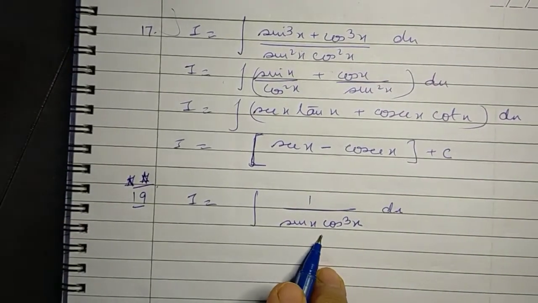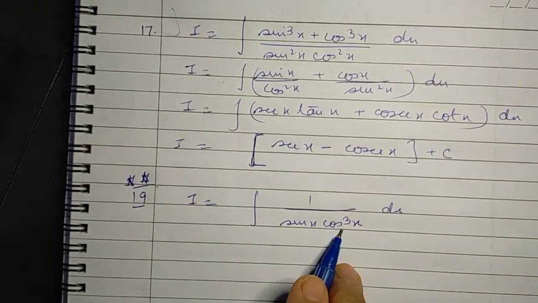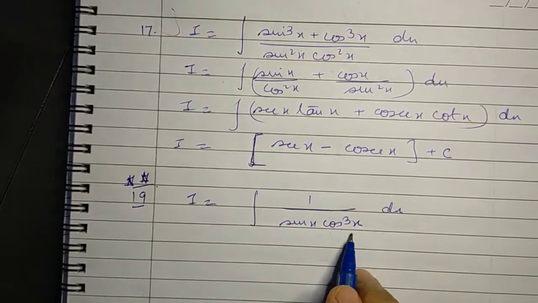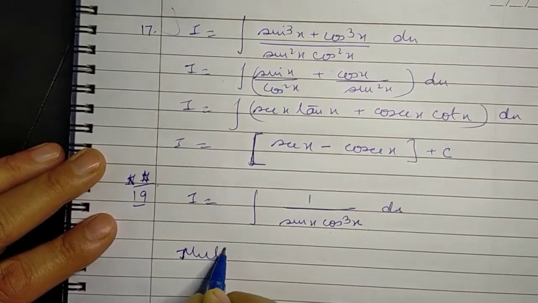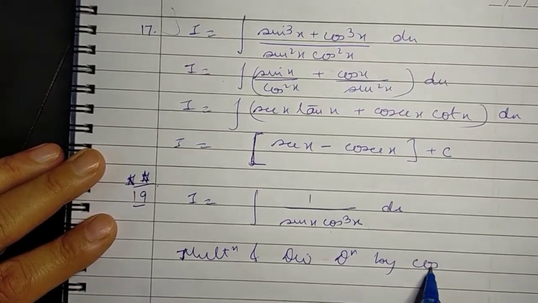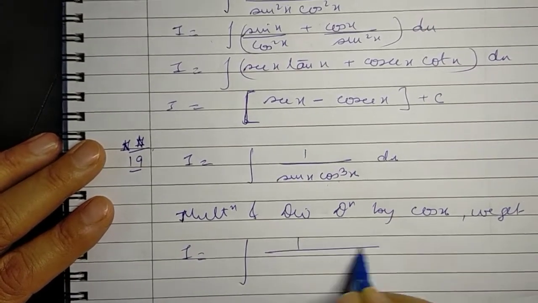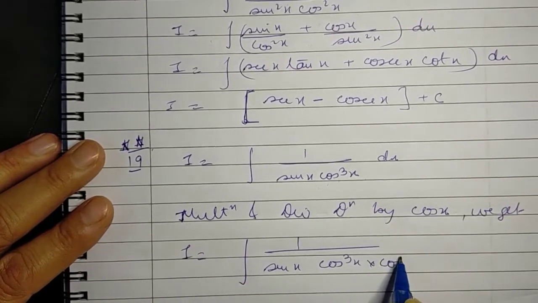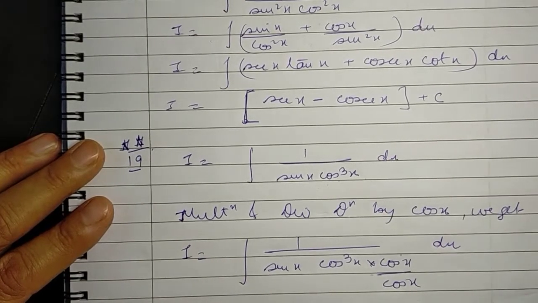Over there we had discussed that whenever in the denominator we have a product of sine and cos, we always multiply and divide the denominator by cos x. So I comes out to be 1 upon sin x cos cube x into cos x over cos x into dx.